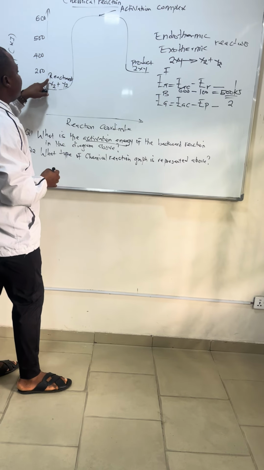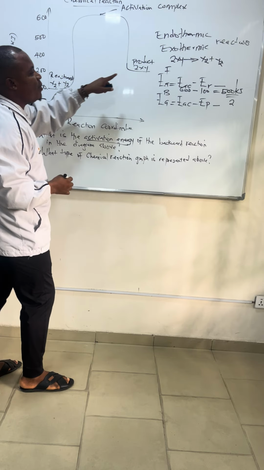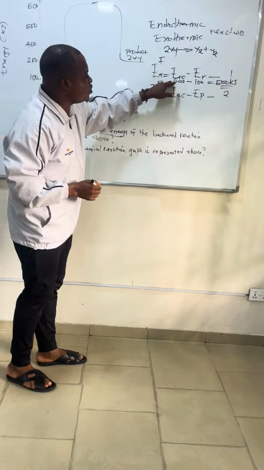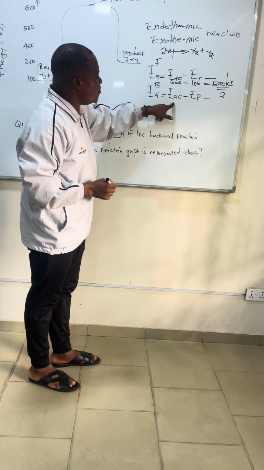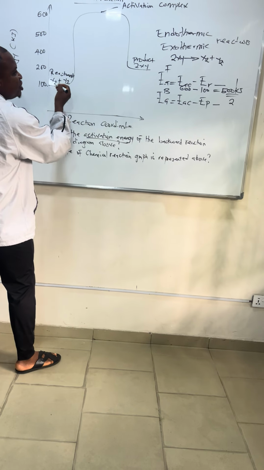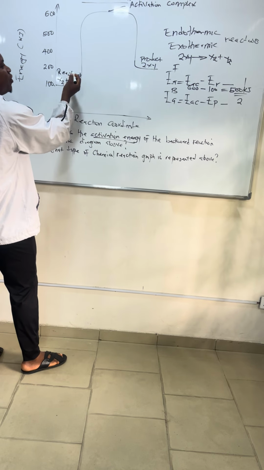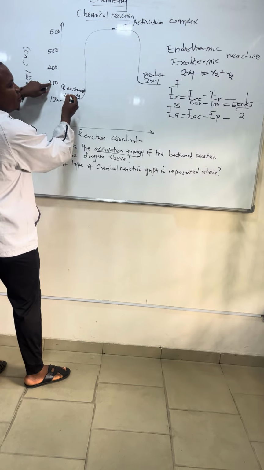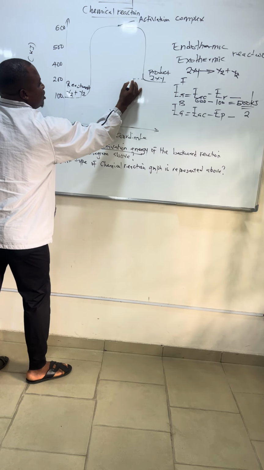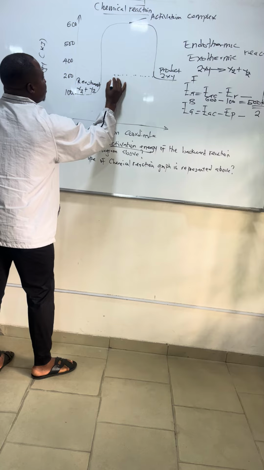So applying this formula, EA equals energy of activation complex minus energy of product. Now you will trace the point at which the product was formed. At what energy level is the product formed? We'll trace back.